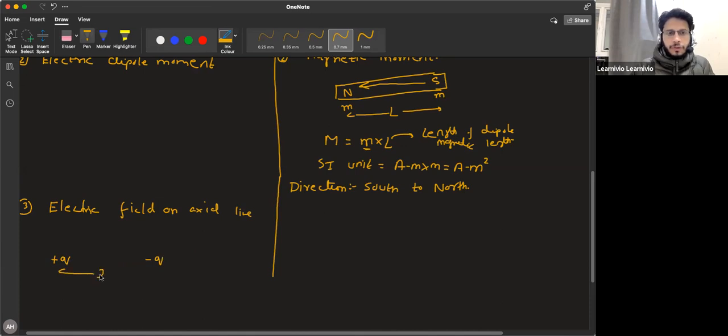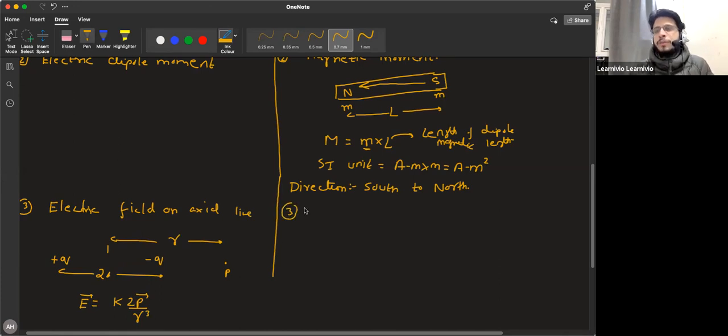The separation between plus q and minus q is 2a. We take a point here, at a distance r from the center of the dipole. The expression of electric field was k into 2p divided by r cube. This was in electrostatics.